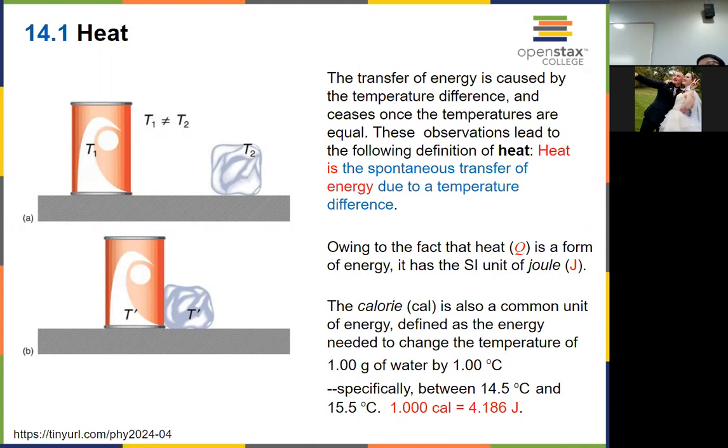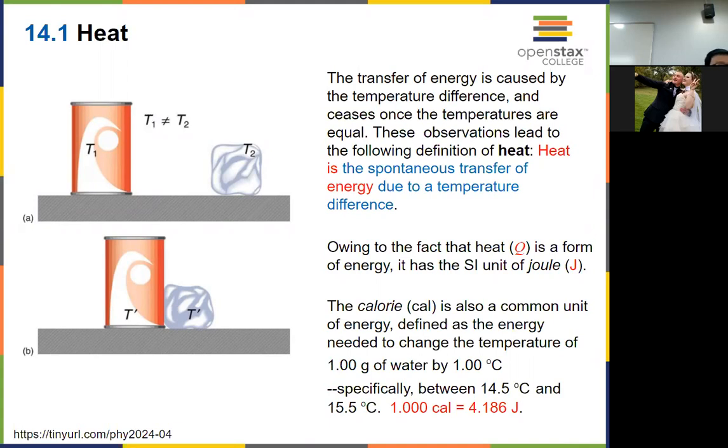That's heat transfer from the soda to the ice. The spontaneous transfer of energy due to a temperature difference is called heat. When two objects at different temperatures are brought into contact, heat transfers from the higher temperature object to the lower temperature object. That amount of energy is called heat.